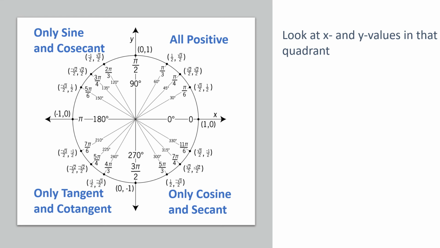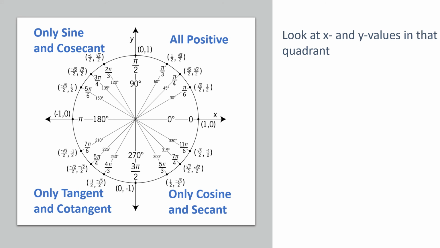All the other trig values will be negative. You'll notice that all the x values of these points are negative, because those would be the cosine values, and then tangent would be sine over cosine, the slope of this line. So it would also be negative, because it would have a positive over a negative, and then all the other ratios would just be inverses of those.